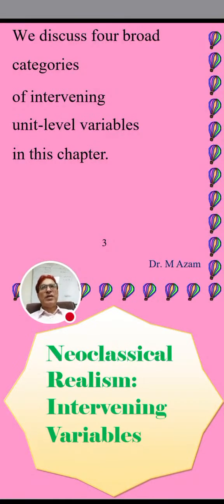Yes, education is the independent variable because income depends on the level of education. So income is the dependent variable. Now, there can be some intervening variables which come between the independent and dependent variables. Those variables are called intervening variables.